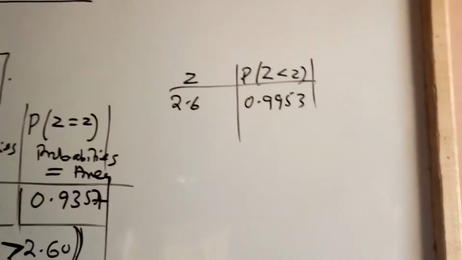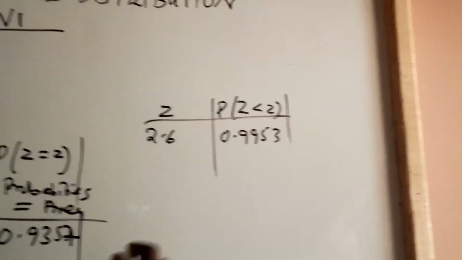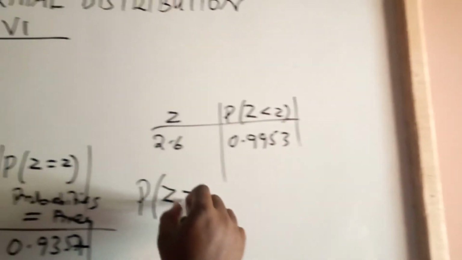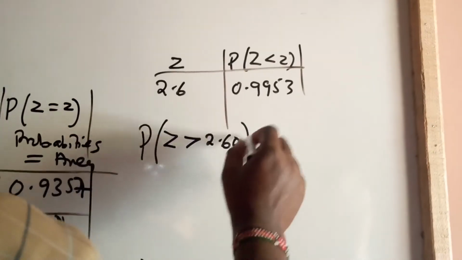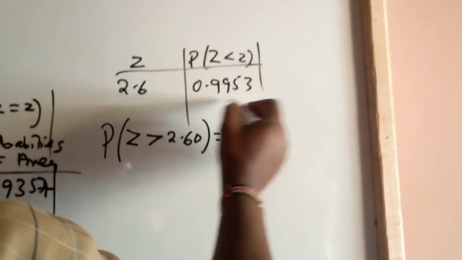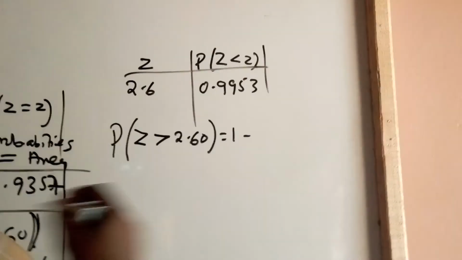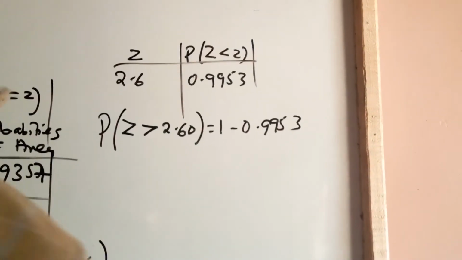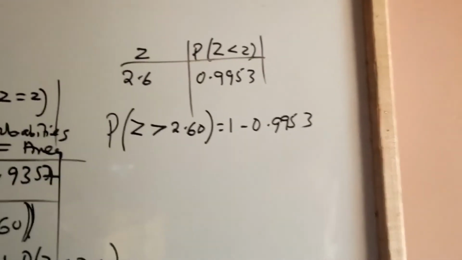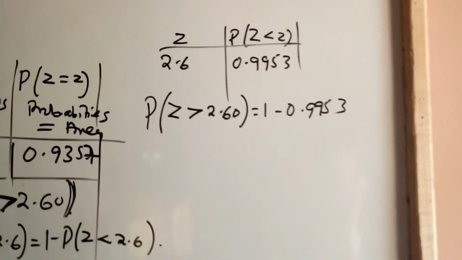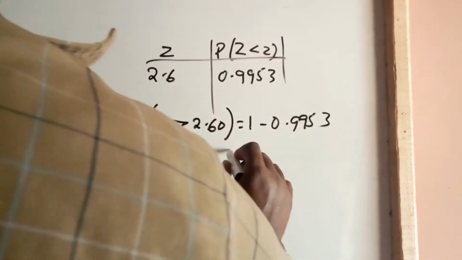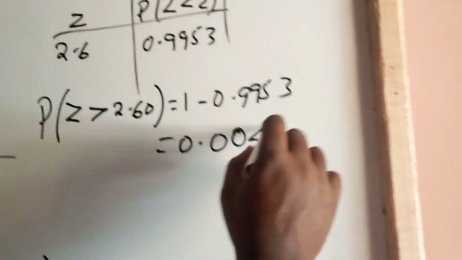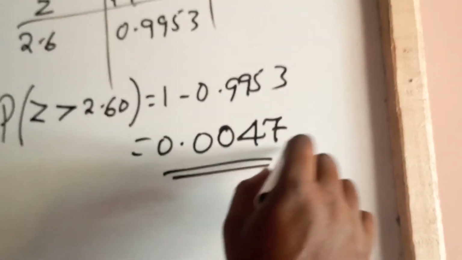And sure enough, now the probability of Z greater than 2.60 is 1 minus the area to the left of the curve, 0.9953, which is basically 0.0047.